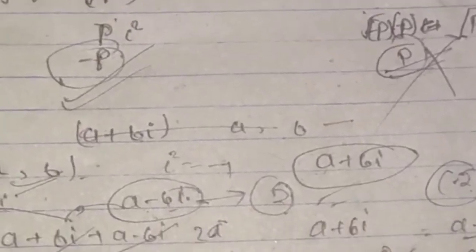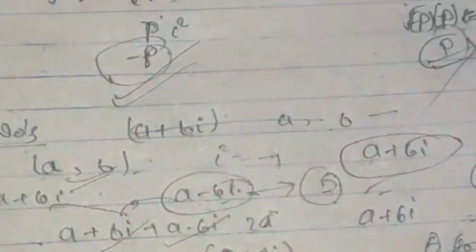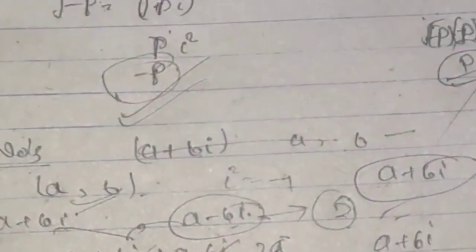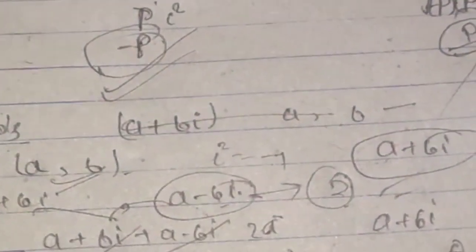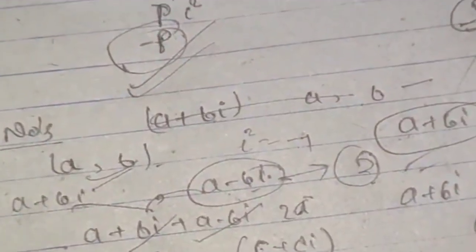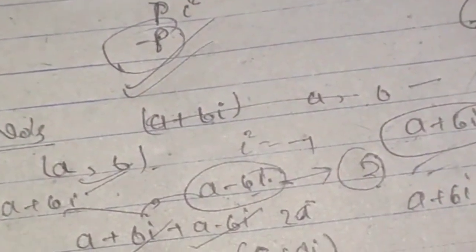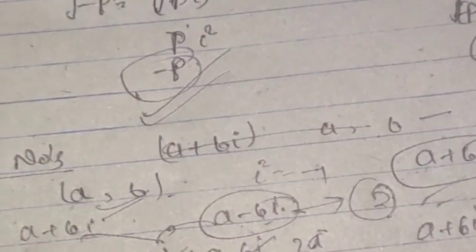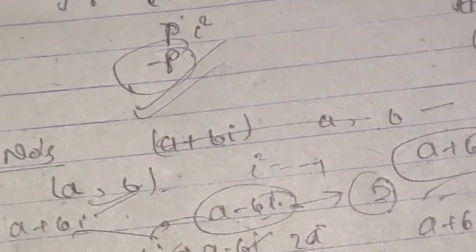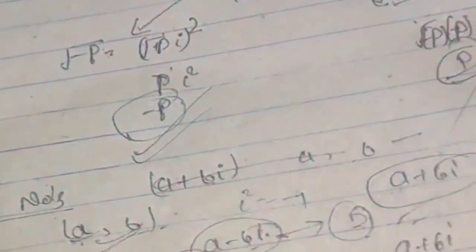If a is equal to c, that is, the real part of the complex number is equal, and b and d, the imaginary parts of the complex numbers, are also equal, then the complex numbers are said to be equal. A complex number is made of a real part and an imaginary part, simple as that.